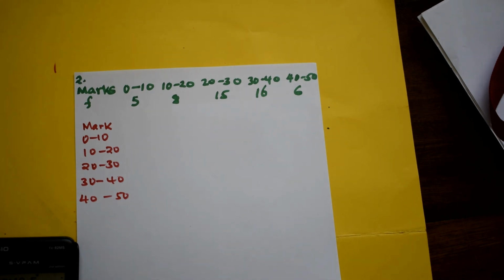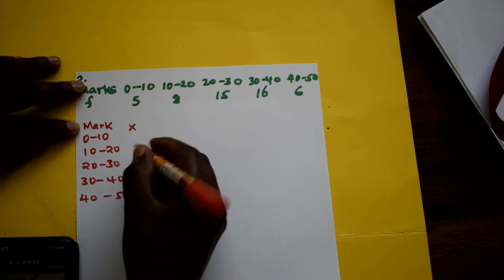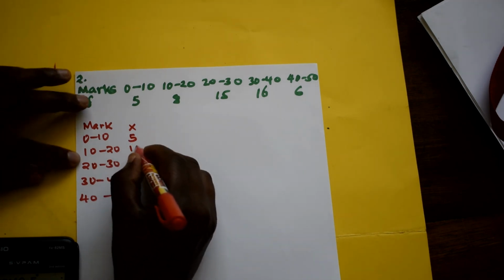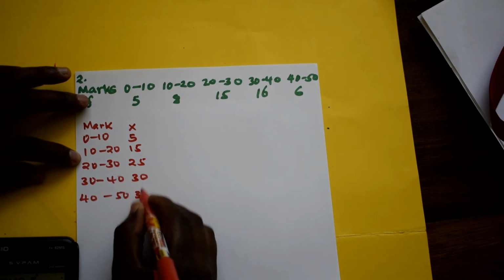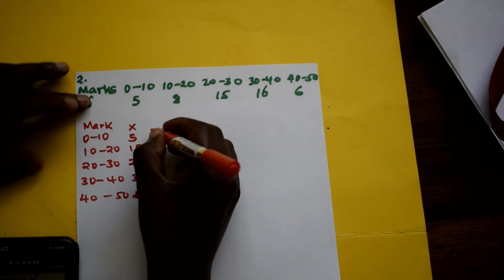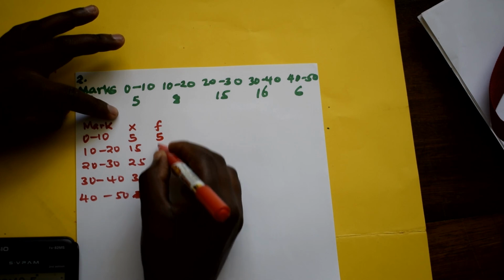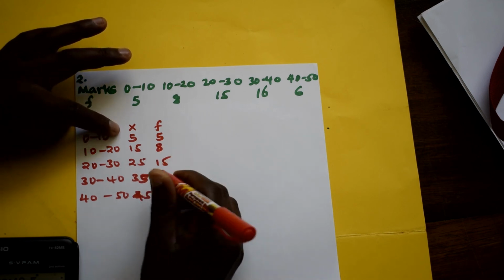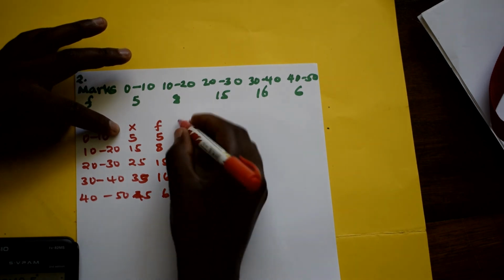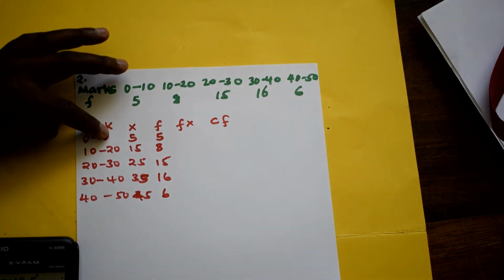We can start with our mid marks: 5, 15, 25, 30, 35, 45, so that we bring out the frequency. So we have 5, 8, 15, 16, 6. Then fx, and then we shall have cf.